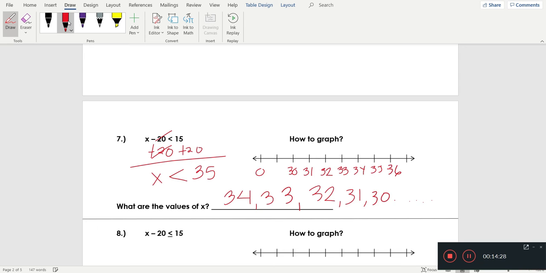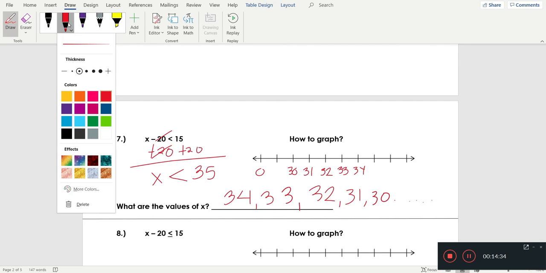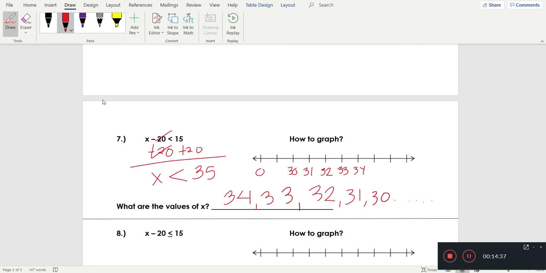It's so hard to write smaller because my pen is not as pointed as I want it to be. So 34, 35, 36. Okay. So from here, x is less than 35, so it's an open circle, because on my values of x, 35 is not included, so it's an open circle with the line to my left.